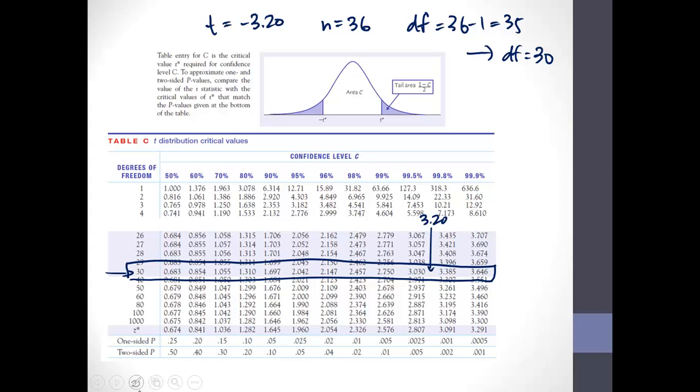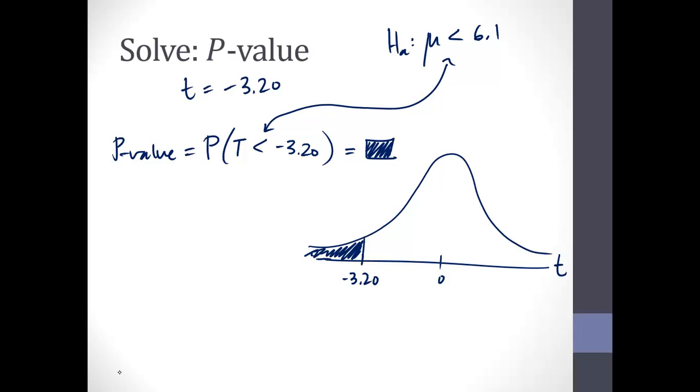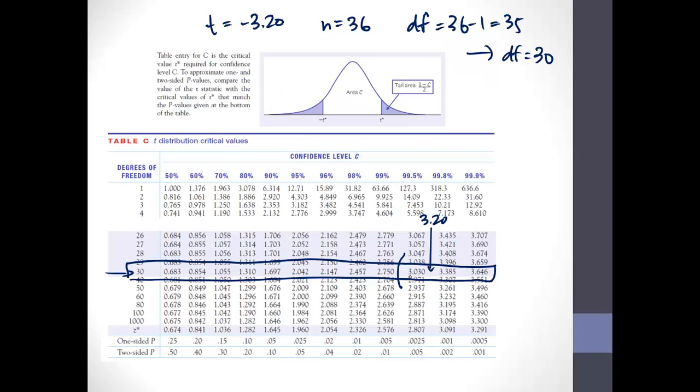So let's go back and fill these in on our picture, which is not really to scale. This is negative 3.030, and out here is negative 3.385. I'm just finding the place on the table where my test statistic falls in between, again looking at just the positive side of things.